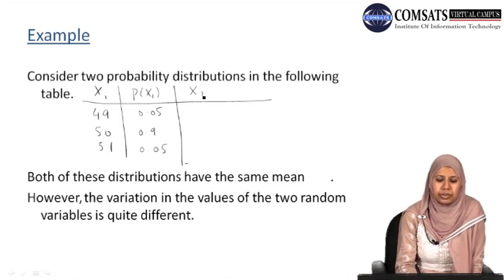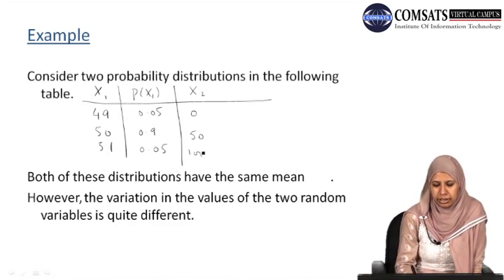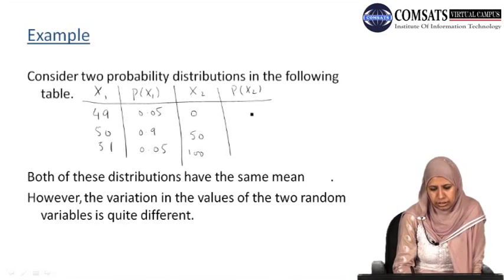We consider one more random variable x2 having the possible outcomes 0, 50 and 100, and the respective probabilities the same as for the random variable x1.